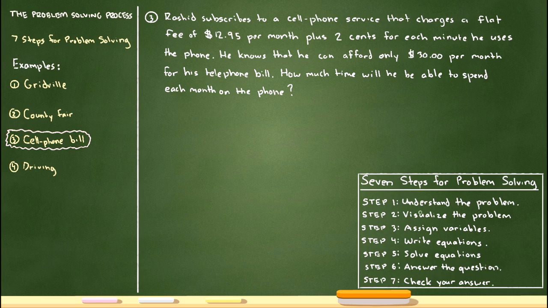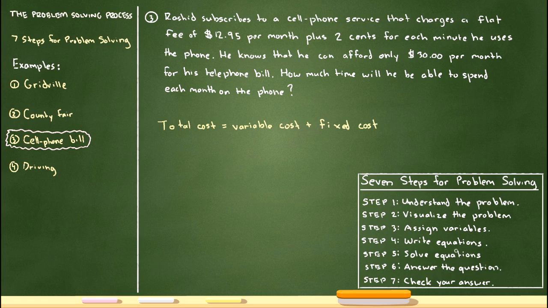And step 2, you want to visualize the problem if you can. And this one's a little bit harder to visualize. You may visualize the situation in your head, but there's not much of a picture we could draw for this. It's more of an equation that we could write. For example, one equation that may come to mind is that the total cost is equal to a variable cost plus a fixed cost.